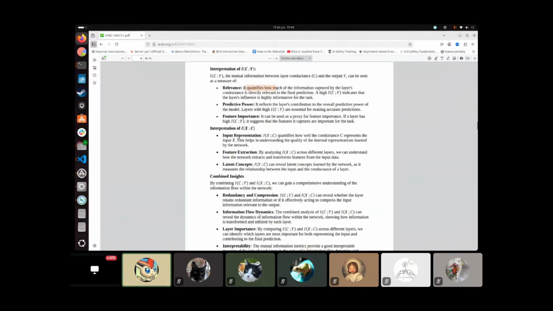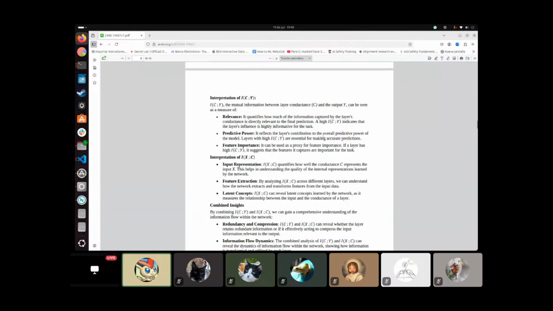Conductance relevance: how much the information captured by the layer's conductance is directly relevant to the final prediction. High indicates the layer influence is highly informative for the task.